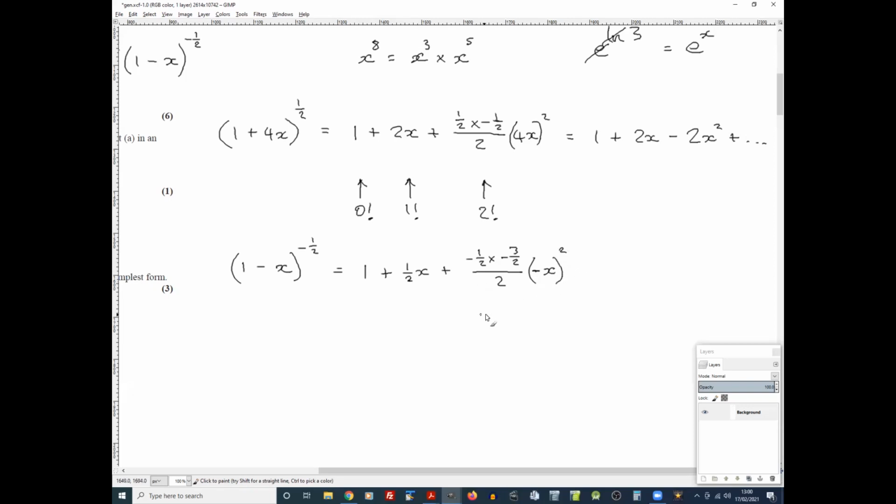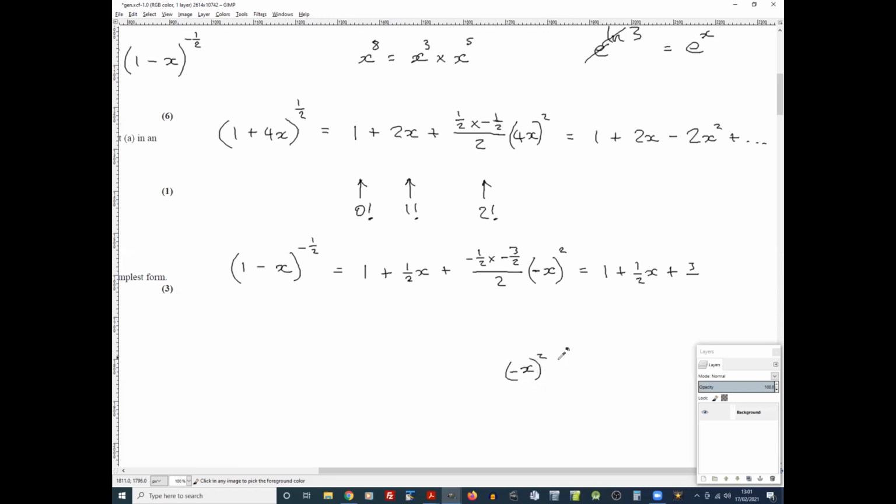Simplifying to 1 plus a half x plus 3 quarters divided by 2 is 3/8. Minus 3/8 x squared. Why minus? Because it's times by minus x squared. Yeah, that's positive, of course.